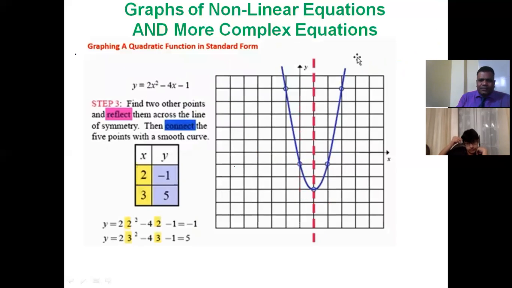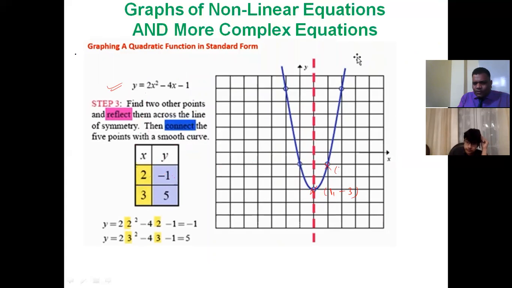He's showing something like this. He created a table. So you need to get at least 2 points to make this. This point we already got, that is 1 comma minus 3. And it's not necessarily 2, you can put any point of your choice. So if I put x is equal to 2, I'm getting y is equal to minus 1.